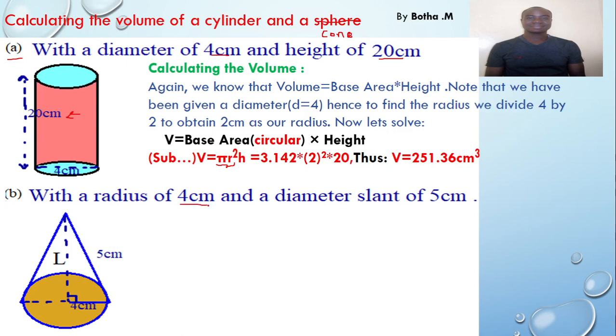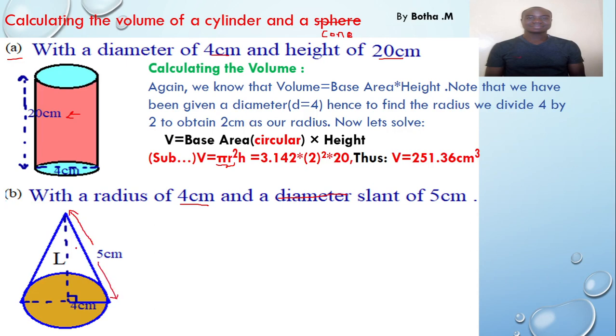All right, let's now find the volume of a cone. We have been given the radius of 4 centimeters and, sorry, not the diameter, but the slant of 5 centimeters. What we are calling the slant is this slanting line, which is given to be 5 centimeters.